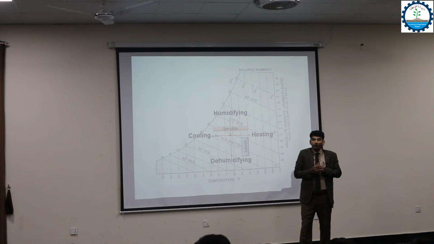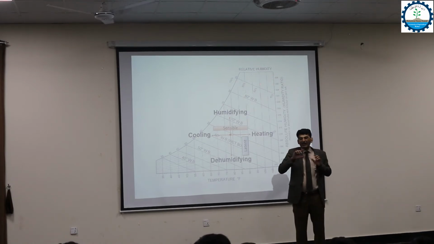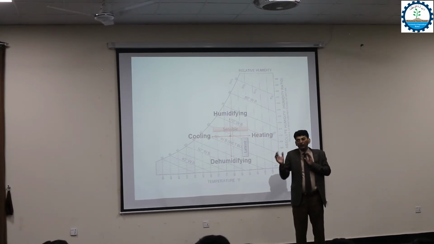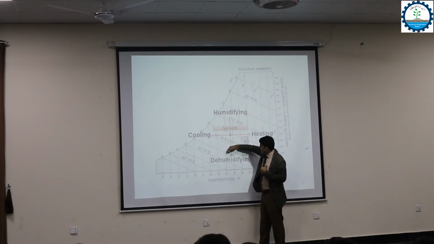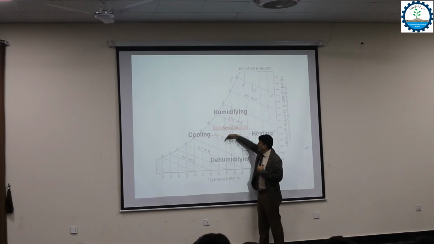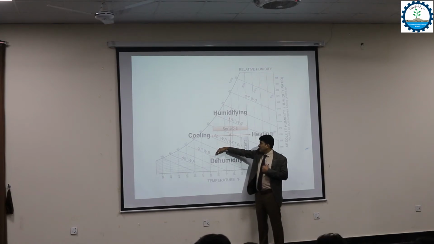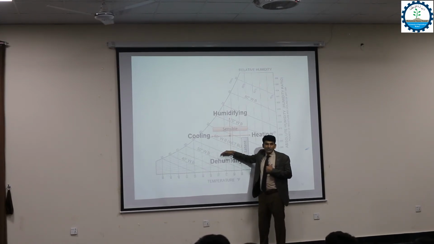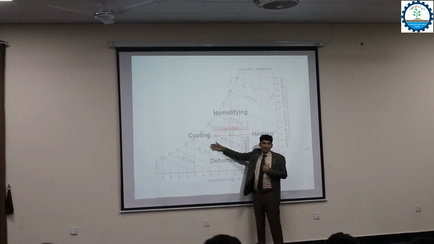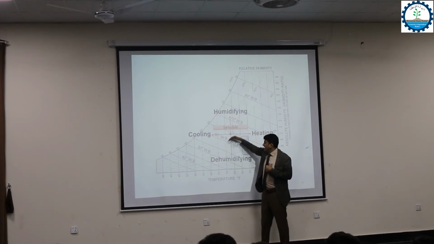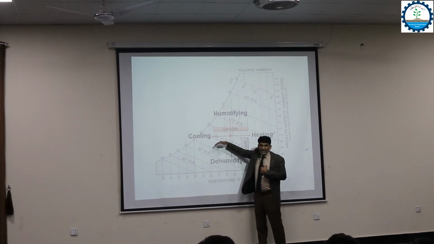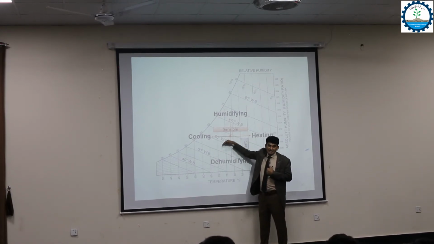So these four combinations also show you another perspective, just like the directions east, west, north, south. So this is a plus sign. But if we move diagonally, cooling and dehumidification between this line, then we can say cooling and dehumidification. Just like we can say north-east or south-east. Same way, this is the cooling and dehumidification region.